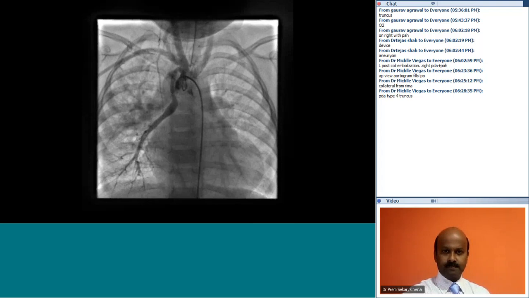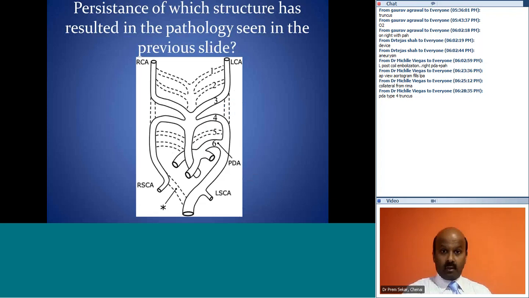So, it's not PDA type 4 truncus. I would like you to look at this picture and tell me persistence of which structure has resulted in the pathology seen in the previous slide. And the answer is persistence of the fifth aortic arch.